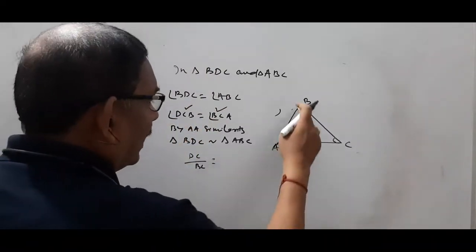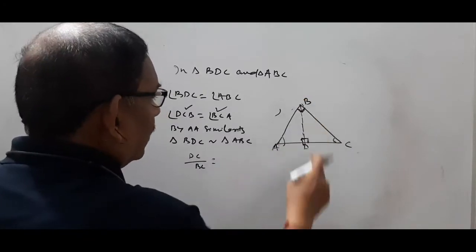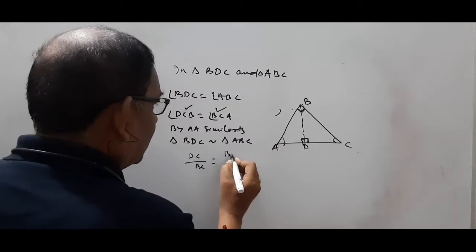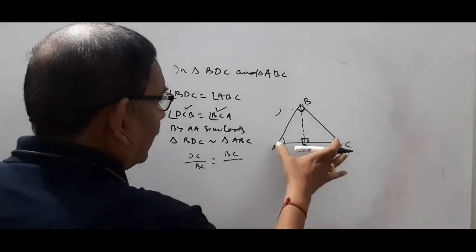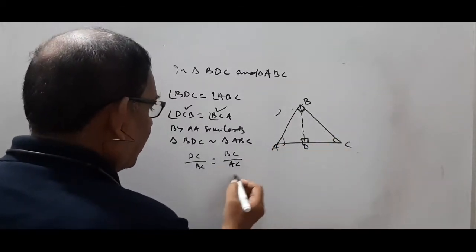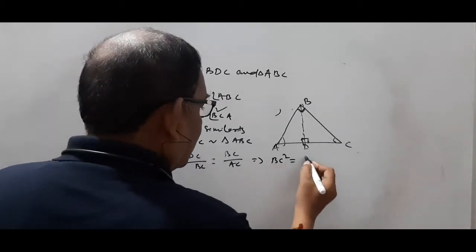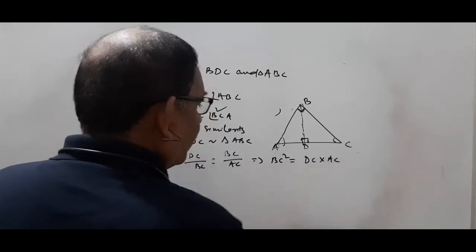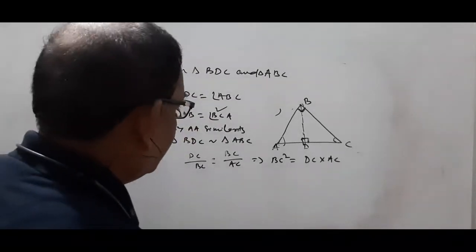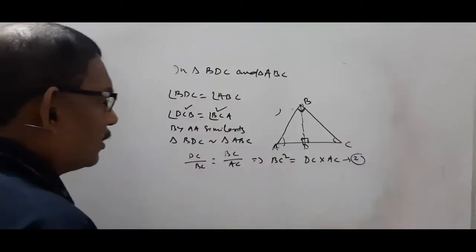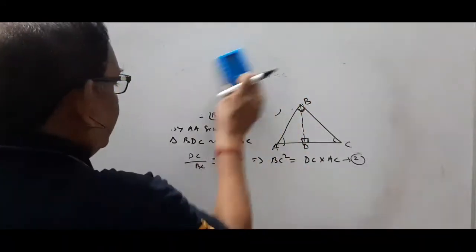Now again the other side, in triangle BDC, the hypotenuse is BC and for triangle ABC, AC is the hypotenuse. That implies that BC square is equal to DC into AC. Okay. It is equation 2. The first one is equation 1.